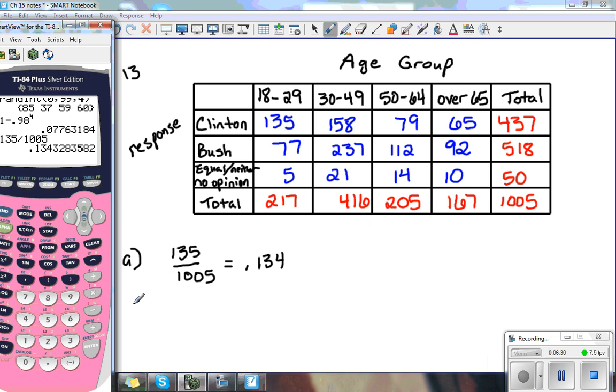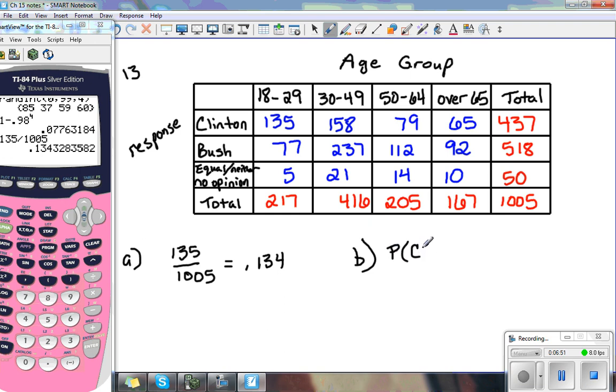All right, part B. Among 18 to 29-year-olds, what's the probability that a person responded Clinton? Now, notice this is a conditional distribution. So this is saying, given that they were an 18 to 29-year-old, so I'm going to write it this way. What's the probability that they chose Clinton given they were an 18 to 29-year-old?